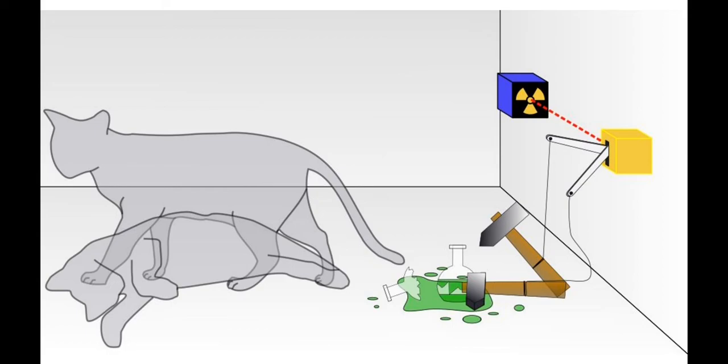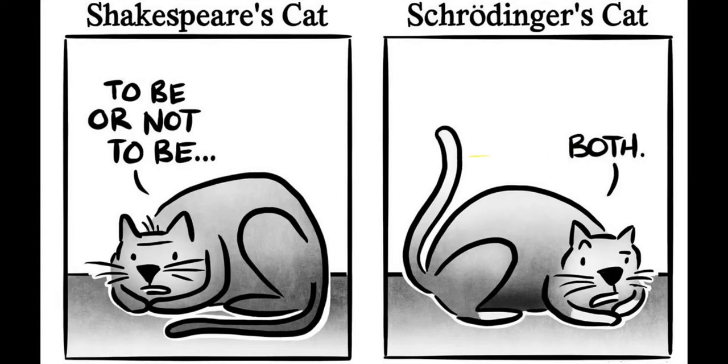So the cat in quantum mechanics exists in both states. In one state it is dead, in another it is alive. This is so much different from what we think about the universe. So without humans, the cat will be both dead and alive.